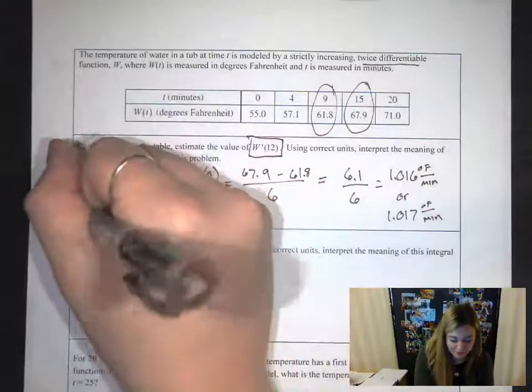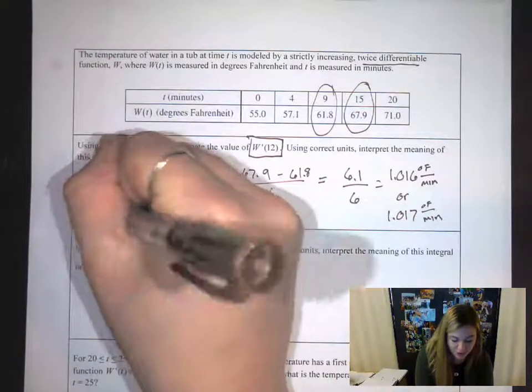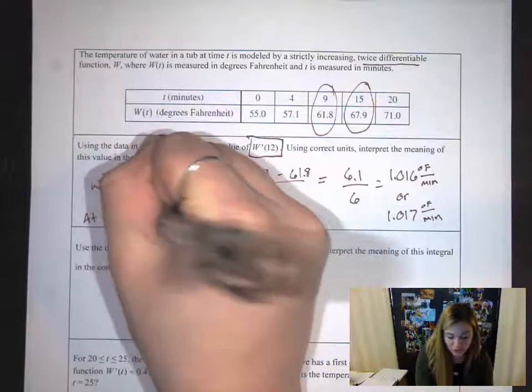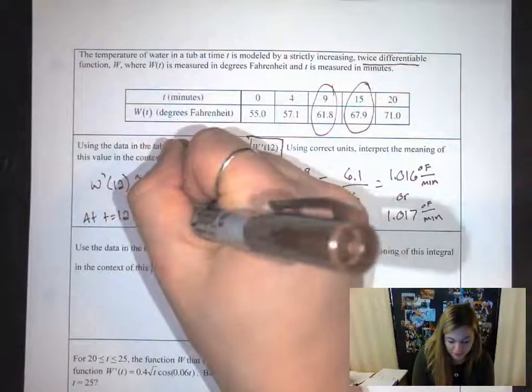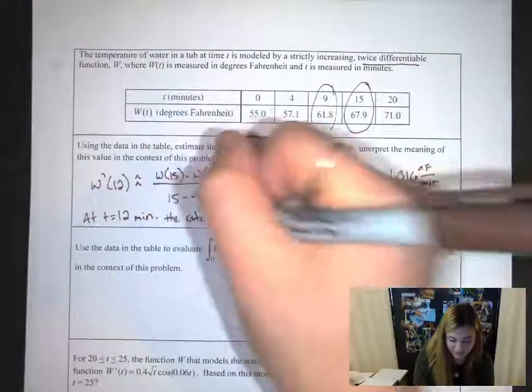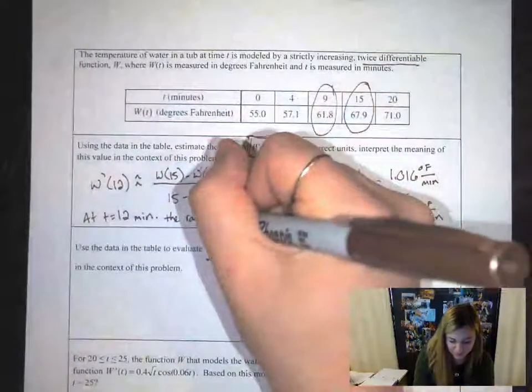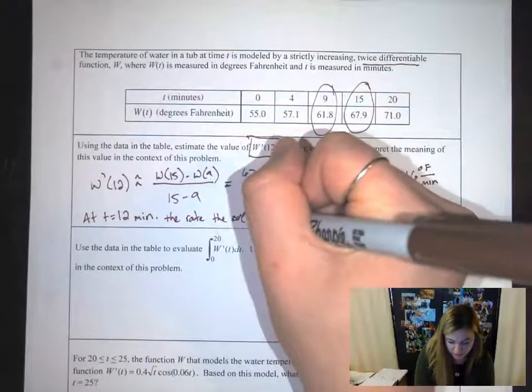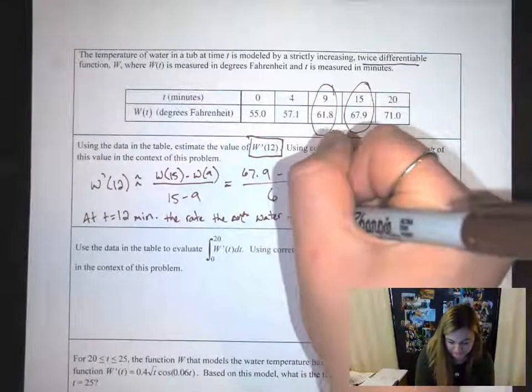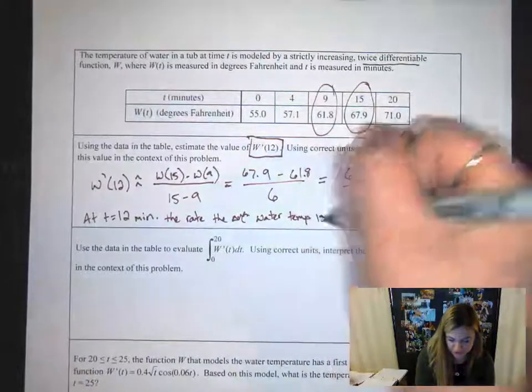So I'm going to say at t equals 12 minutes, because the derivative always happens at a moment, the rate the water temperature is changing.